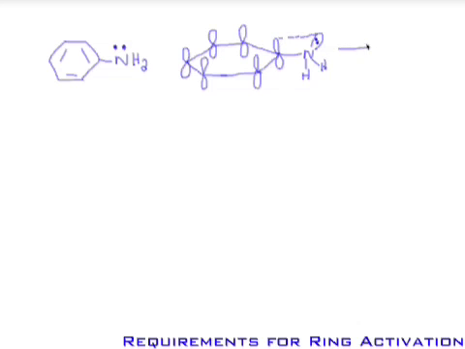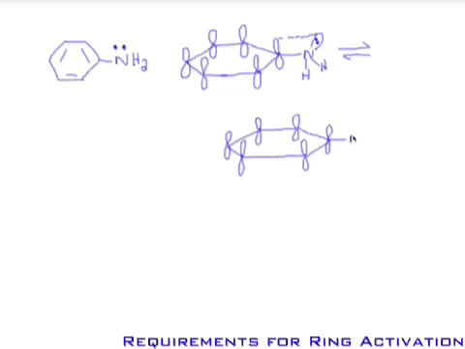But given enough energy from aromaticity, it can invert. And when nitrogen inverts, it goes through a hybridized state that's sp2. In other words, I can again draw my aromatic 2p's.